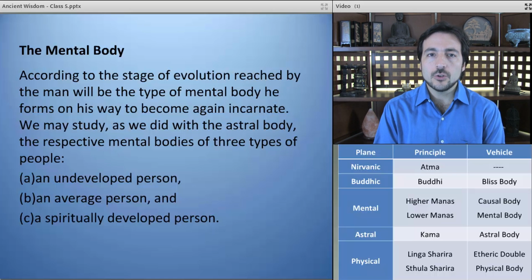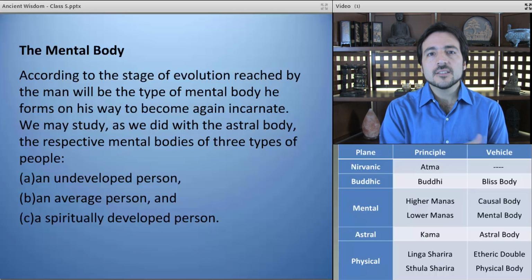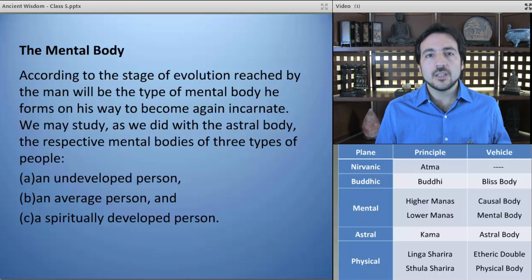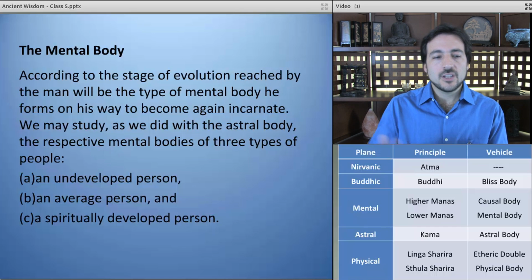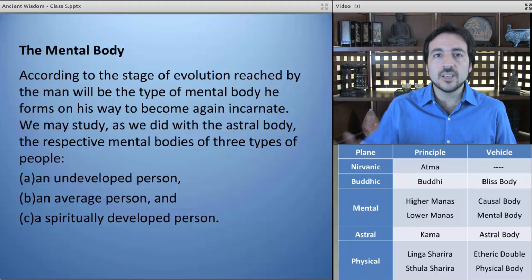So now she's going to explore how the mental body looks and functions in these 3 stages of evolution: the very early, at the beginning of humanity, then a more or less average stage, and then a later stage that is close to finishing the human experience. As you are going to see, when we saw this at the level of the astral body, the difference between the bodies was a little more noticeable.